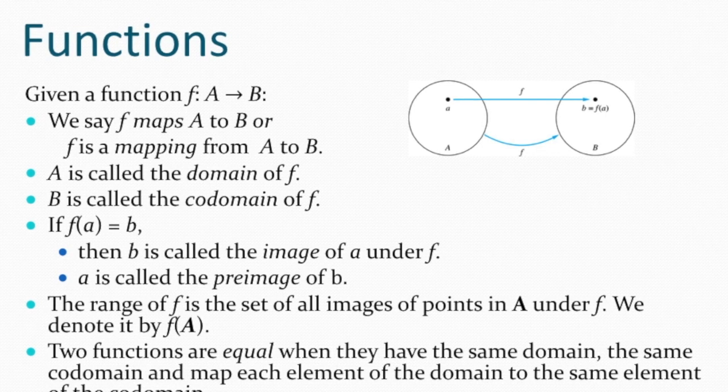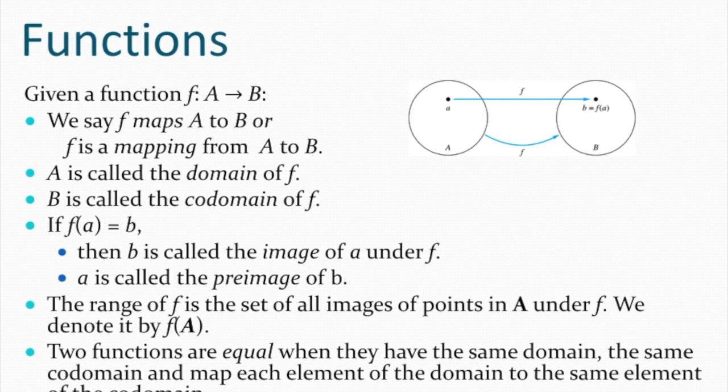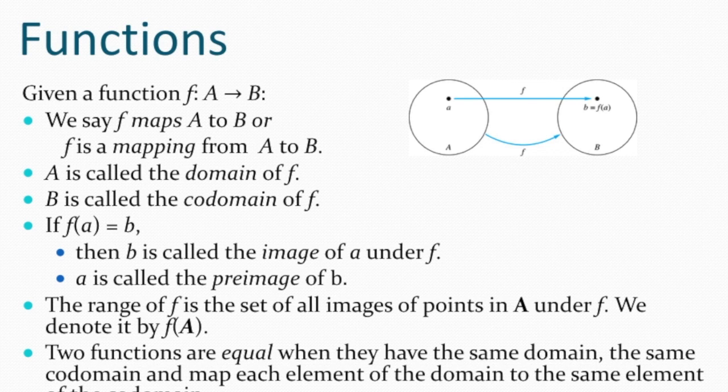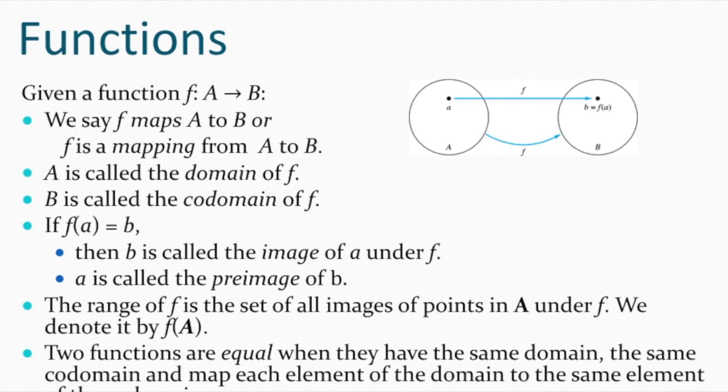Now another thing we could also use to describe the relationship under a function: we say the range of the function f is the set of all images of points in the set A under the function f, and we normally denote it by the famous notation f of A. Now there is an equality relationship we need to understand.